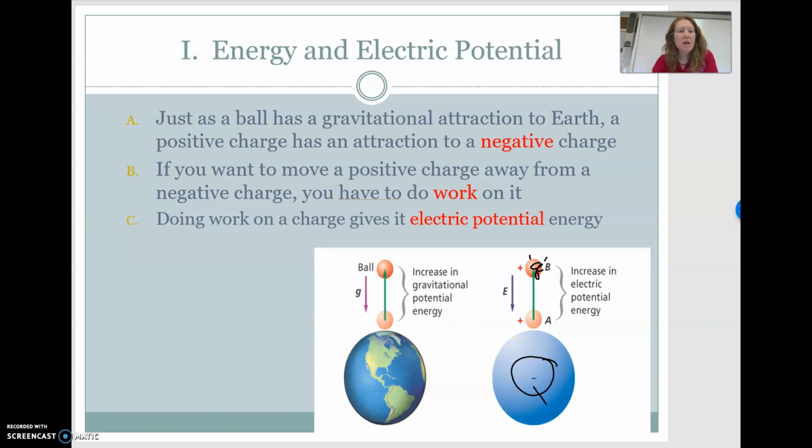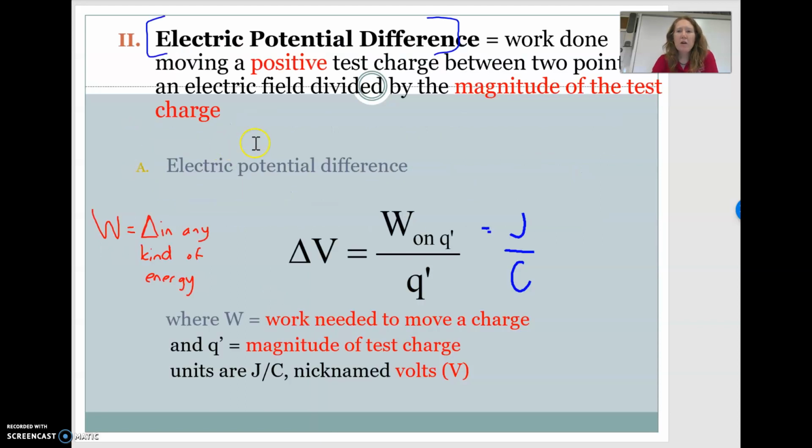So when we talk about electric potential difference, what that term means is the work done on a charge divided by how big that charge is. And we can go into why we're doing this instead of just using work. Why don't we just talk about the work?